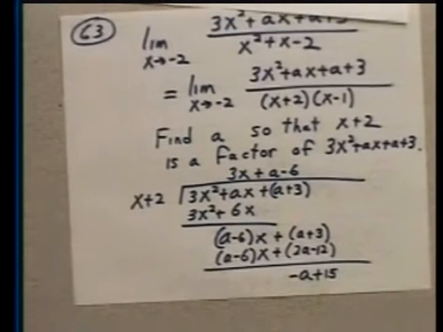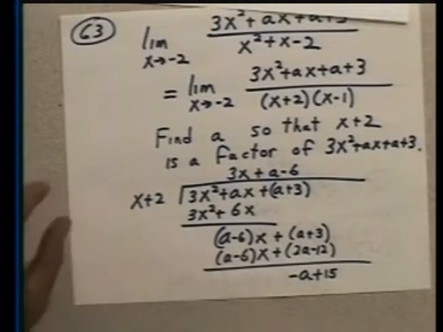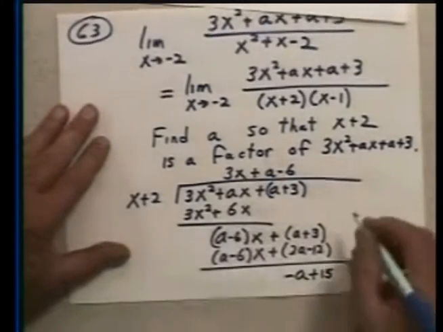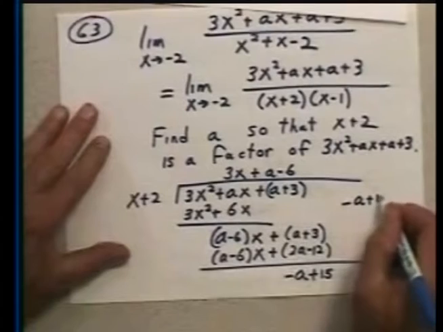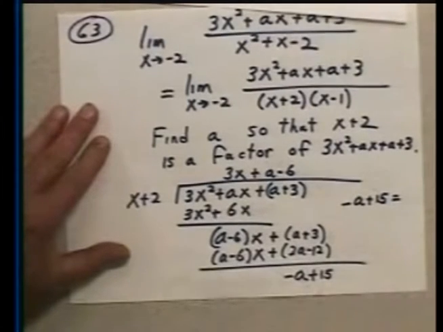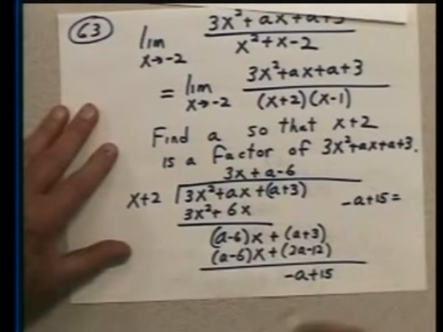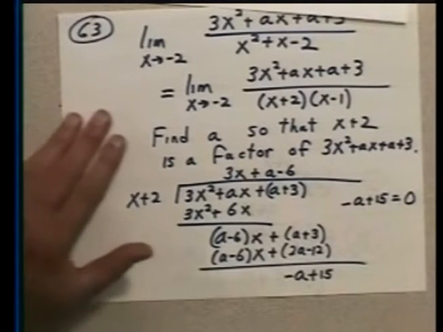Are you okay with that? Yes. So when I divided by x plus 2, the remainder was minus a plus 15, wasn't it? But if x plus 2 is to be a factor, this remainder has to be 0. Now can you see what a has to be?